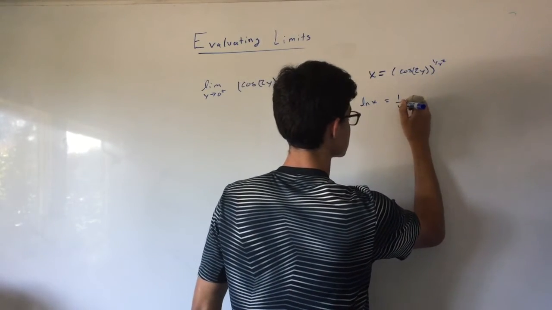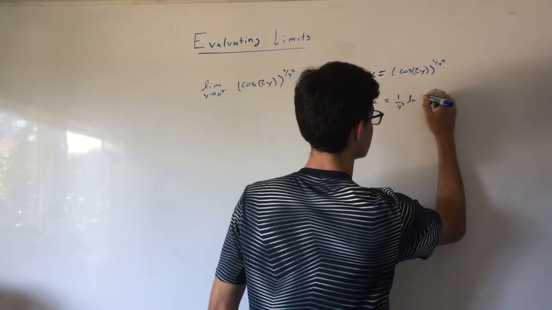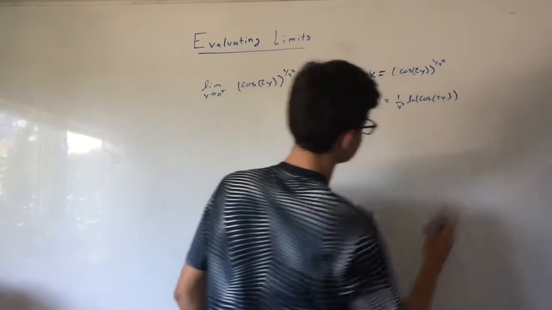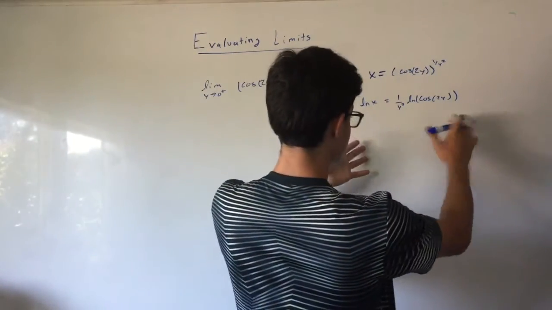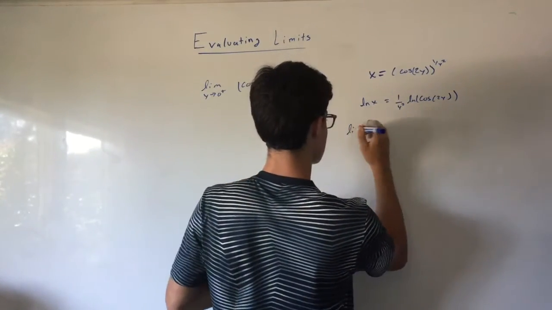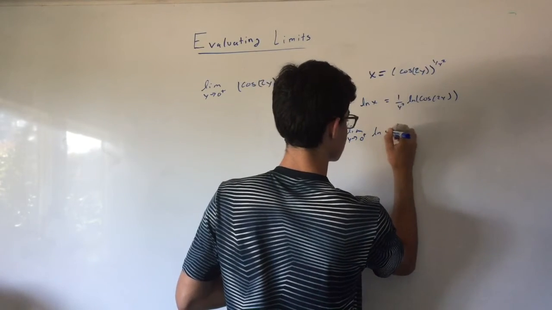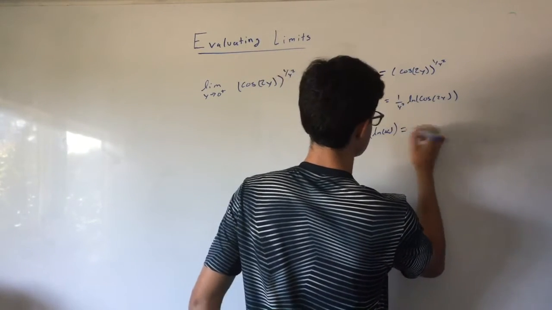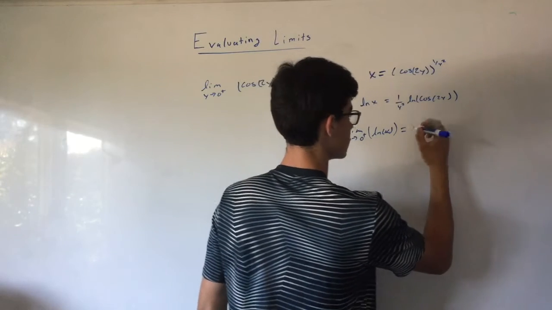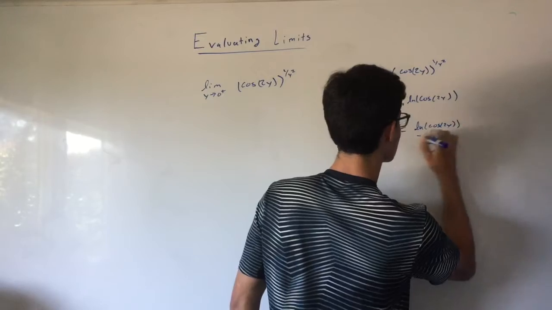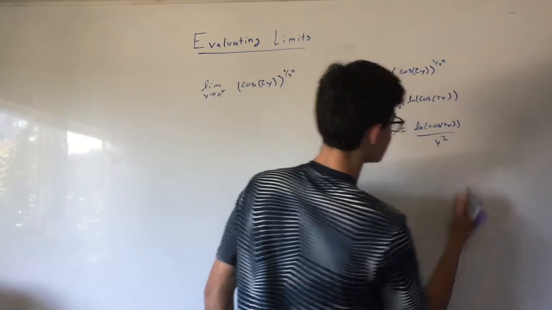So ln x equals 1 over y squared times ln cosine of 2y. Now that we have pulled this out, let's check the limit as y approaches 0 from the right of ln of cosine of 2y over y squared.